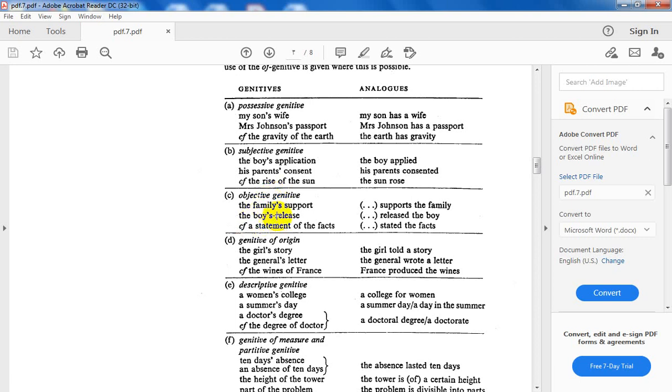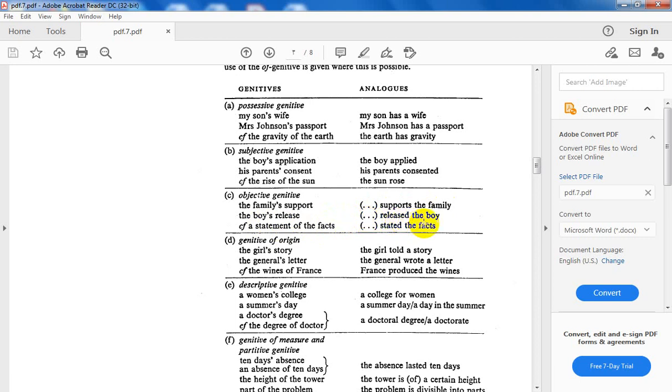Move to the objective case or objective genitive, in which the noun with the genitive becomes the object of the analog. The family's support. Someone supports the family. The boy's release.